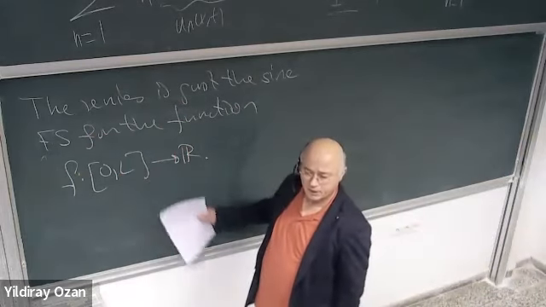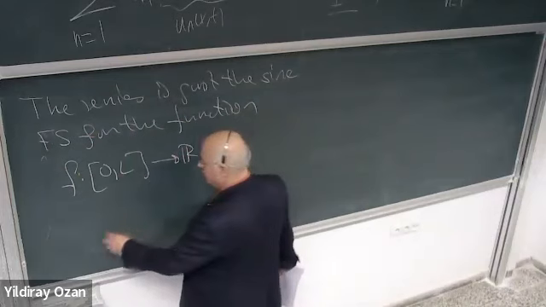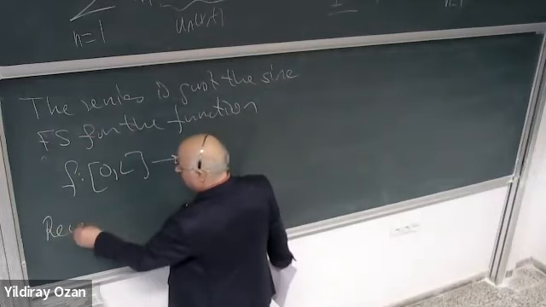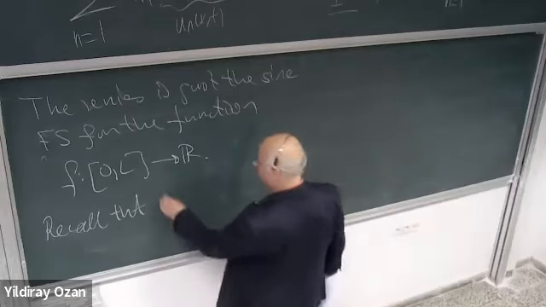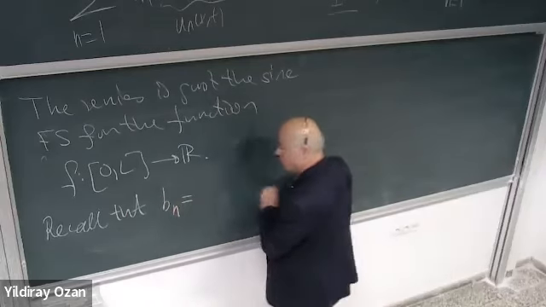I can directly write the coefficients as well. What were they? b_n. Recall that this equation gives us the coefficients right away.